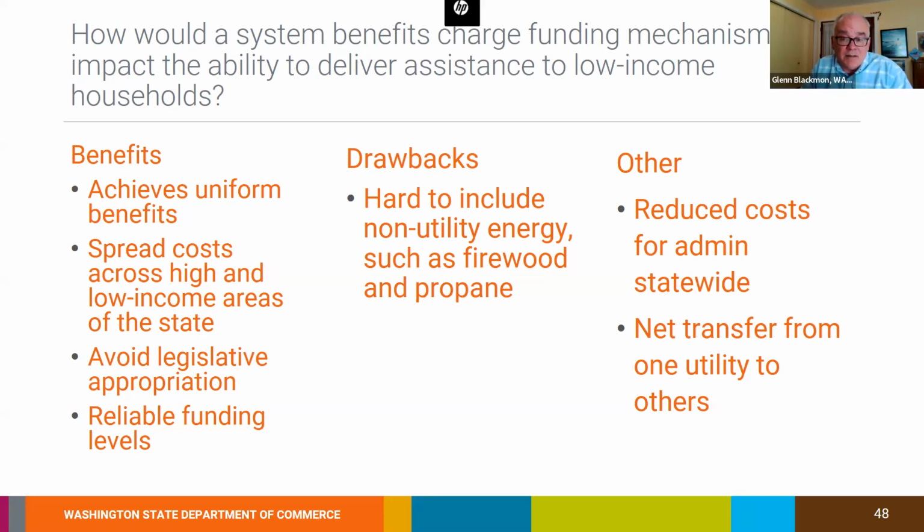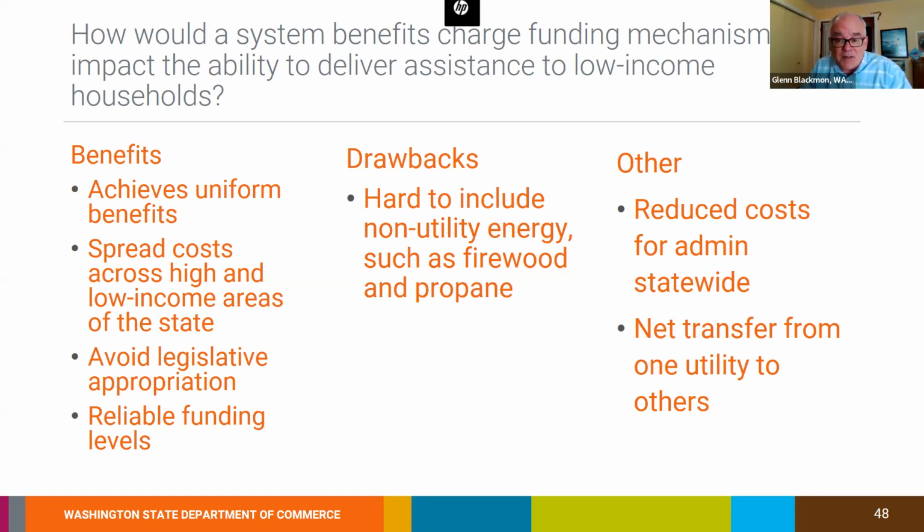And then another consideration that we put here, because we've heard it from some of the utilities, is that when you would look at the spreadsheet, you would see that for some utilities, the amount of money that's collected from those customers is more than the amount of money that's provided to the customers of that utility. You'd see that utilities that tend to have, say, 7% of their customers who have energy burden, there'd be a net flow of money from those to the ones that have 15% or 28% or 34% of their customers having low-income energy burden.